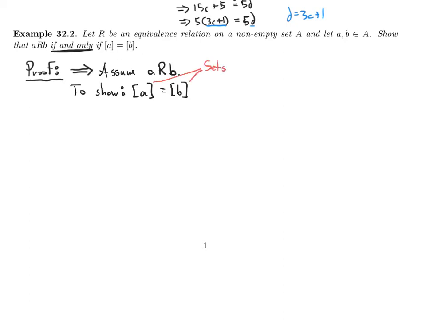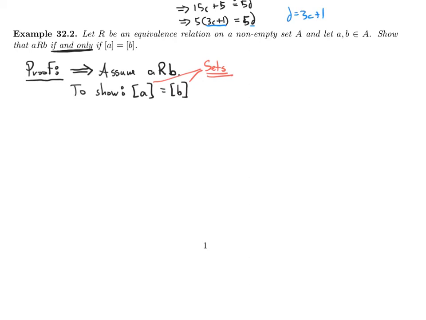So we're going to have to show that these two sets are equal. And remember how to show sets are equal? Pick an element in the left set, show it's in the right set so that the left set is a subset of the right set, and vice versa, the right set is a subset of the left set. So that's what we're going to have to do.